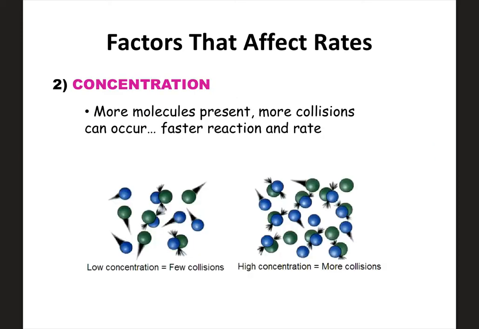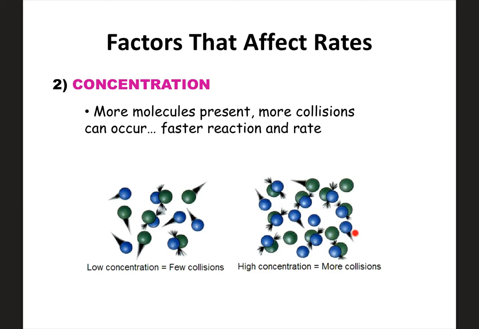The next thing that affects the rate of a reaction is the concentration. If you have more molecules present, a higher concentration, well, then more collisions can occur, and the faster the reaction will take place, and the rate will be faster as well. So you can see, if you have a lower concentration, there's less available molecules to collide and to react, so the rate will be lower.